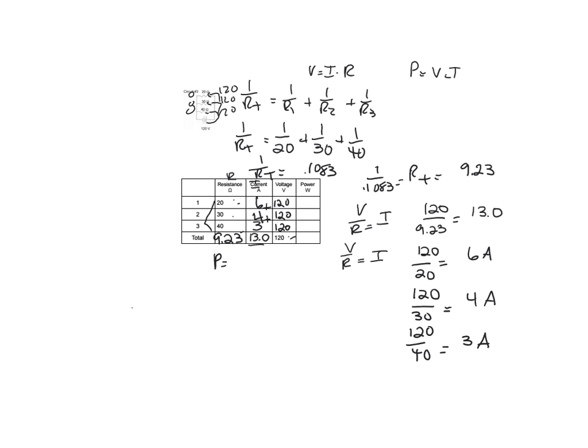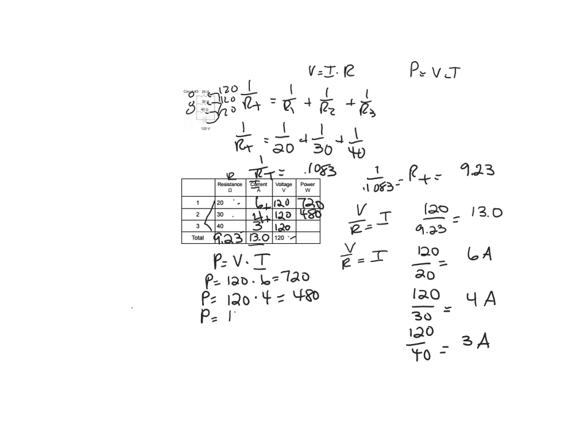So power is calculated as V times I, voltage times current. For the first resistor, power is 120 times 6, and that's going to be 720 watts. For the second resistor, still the same voltage, times 4 amps, and that's going to give me 480 watts.